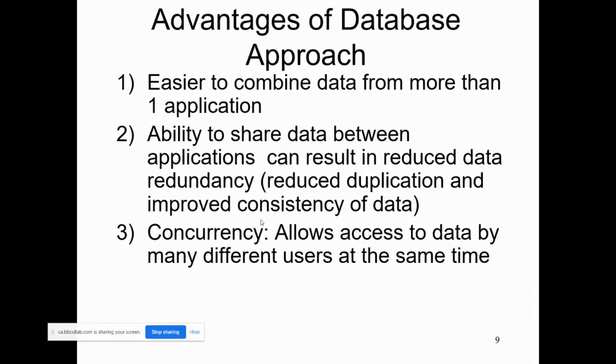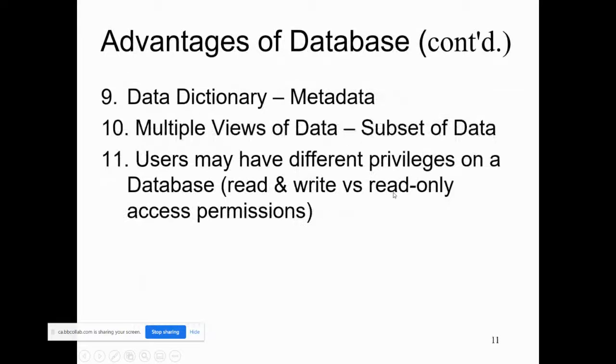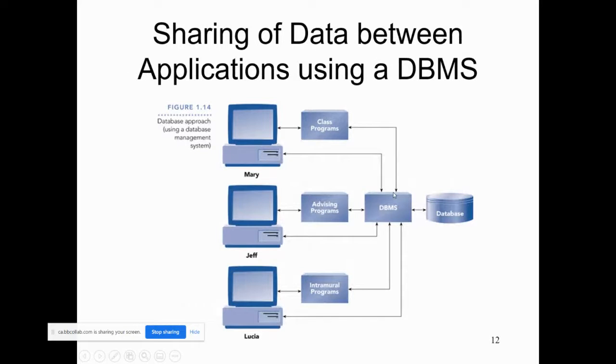The ability to share data between applications. So now that we are sharing data, I'm jumping ahead and going back again. So now that we share data with different applications, you see all these three programs that we had, and each one of them was connected to a file.